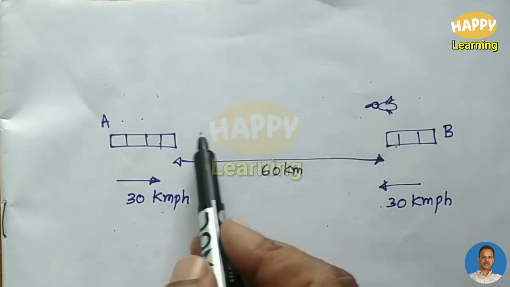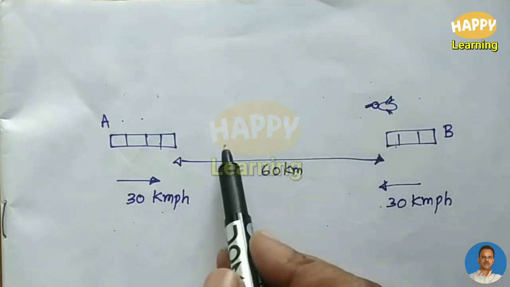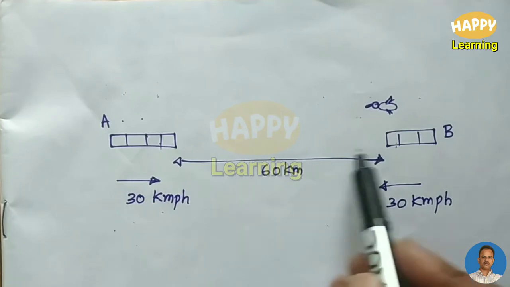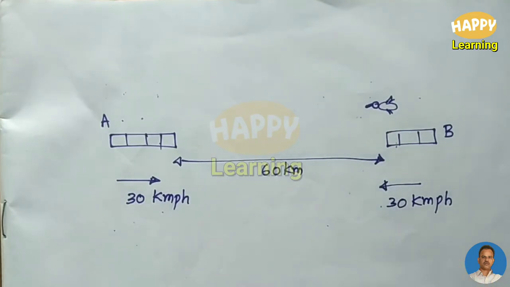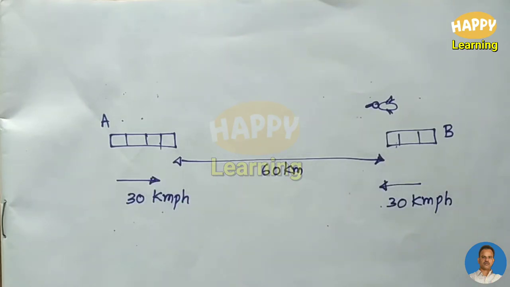Like that, when it reaches a train, it will turn back and move to the other train, oscillating between these two trains. Now, our aim is to find how many trips this bird will make before these two trains crash, and also the total distance traveled by the bird.